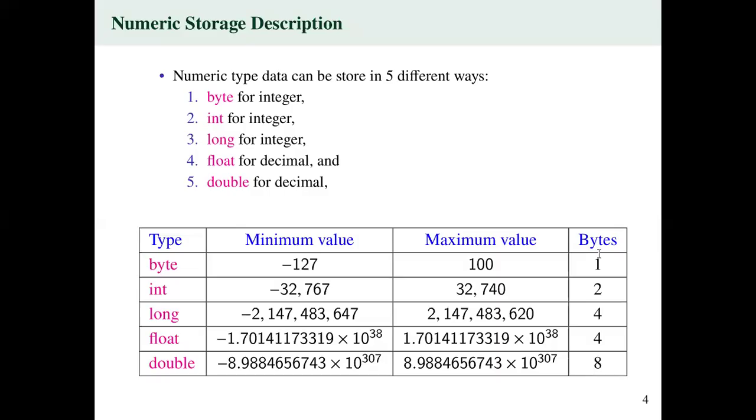It depends on the memory they consume. If your variable contains integer values which range between -127 and +100, then that particular variable will only consume 1 byte from your Stata memory.